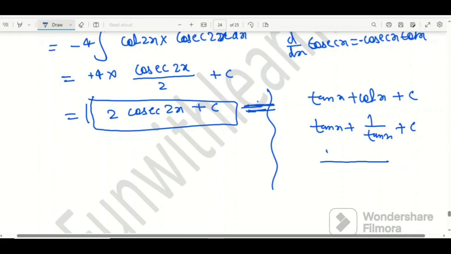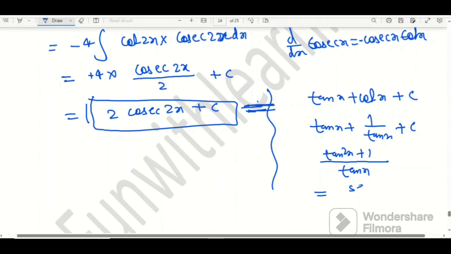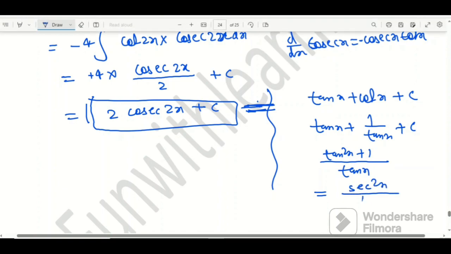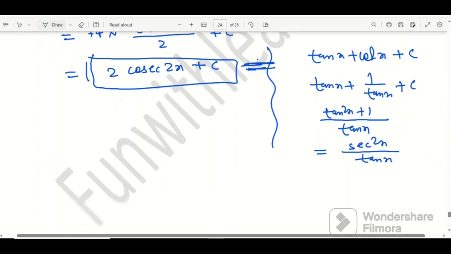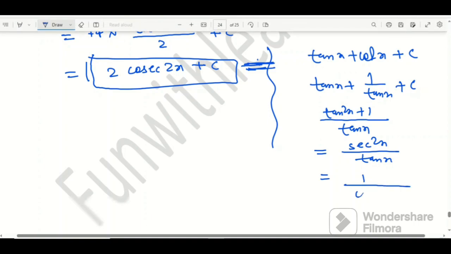We will get tan x plus 1 upon tan x. As sec square minus tan square equal to 1, so tan square plus 1 will be sec square x upon tan x. So here we'll get 1 upon cos square x, and tan x will give sin x upon cos x.